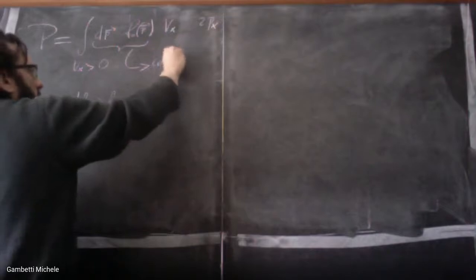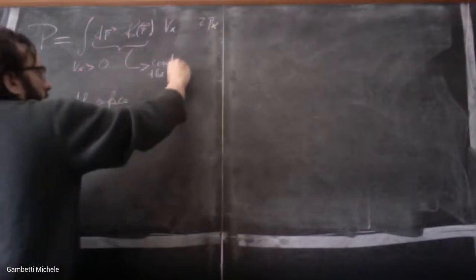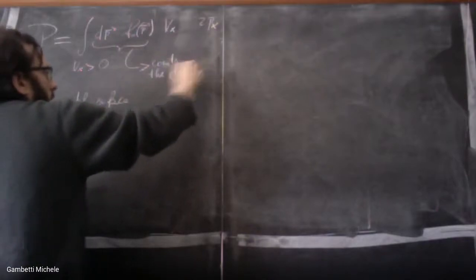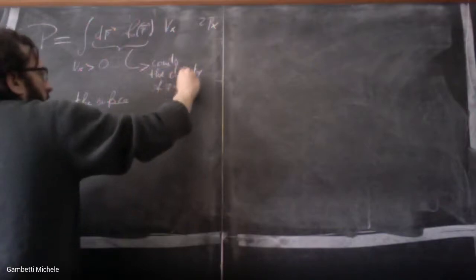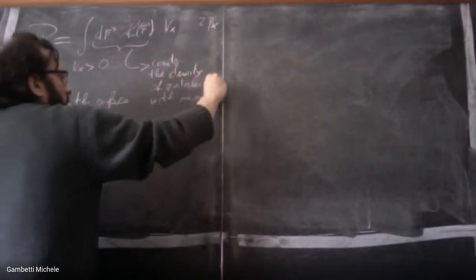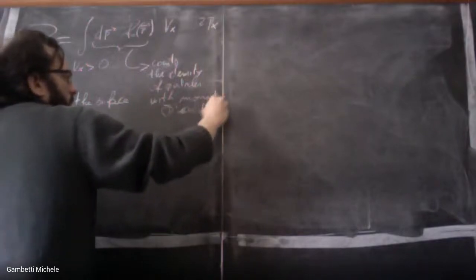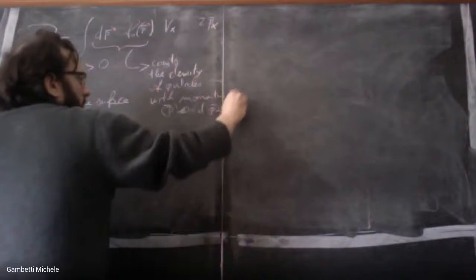And the way I wrote this pressure is basically in terms of this quantity here. What does this quantity count? It counts not the number, but the density of particles with momentum between P and P plus dP.